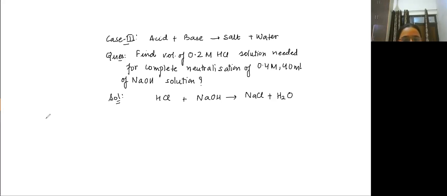Reaction is balanced. Na is 1, 1, Cl, Cl, hydrogen 2, oxygen 2. The reaction is balanced. So can I write moles of HCl is equal to moles of NaOH?